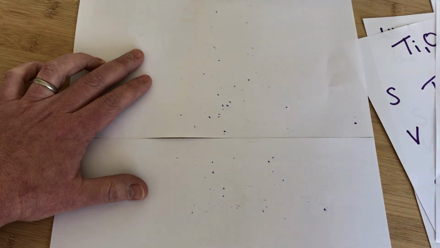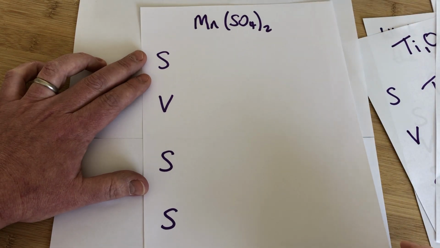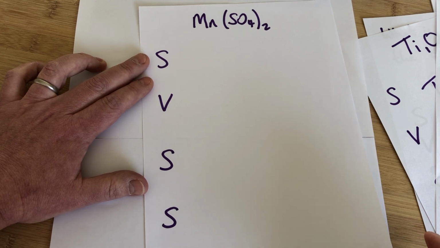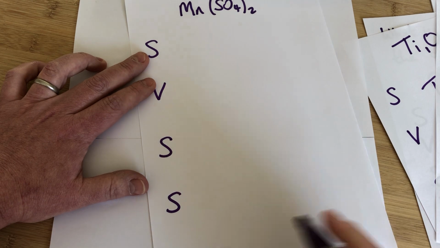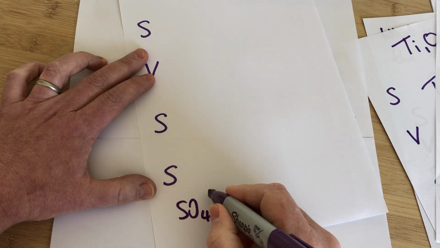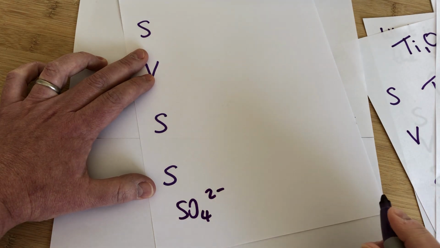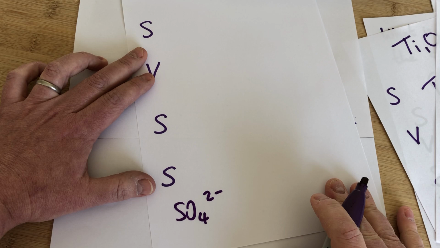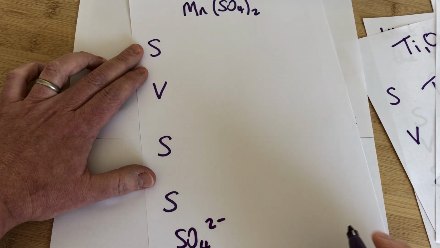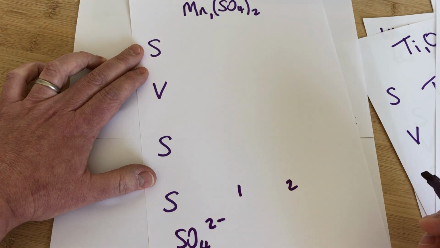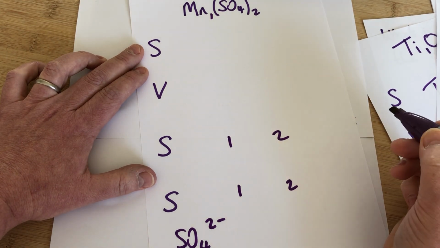Further examples would be MnSO4. Sulfate is an ion that we know already. SO4, 2 negative. We know its formula is going to be SO4, 2 negative, valency 2. What are the numbers? I've got a 1 and I've got a 2. 1 and 2.